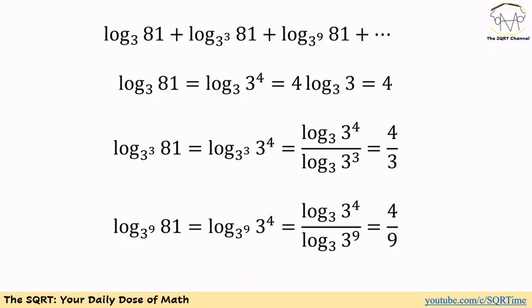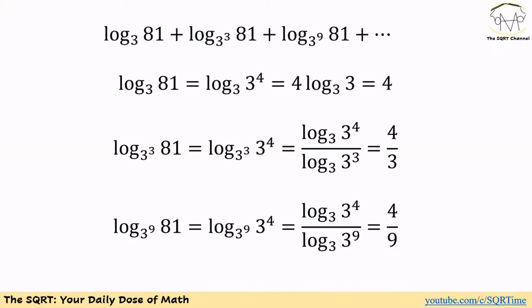Let's write 81 as 3 to the power of 4, and then for the first one, when we have log of 81 in base 3, we can write it as log of 3 to the power of 4 in base 3. Obviously, we can write it as 4 times log of 3 in base 3, which is 4.